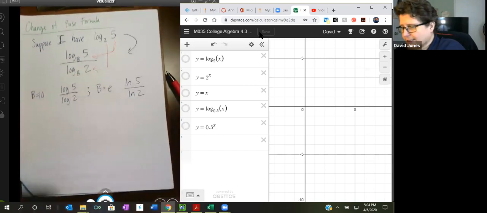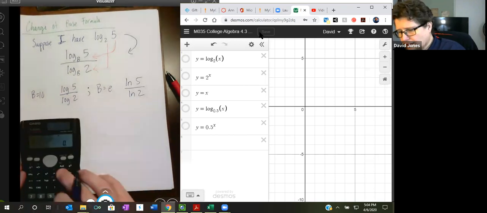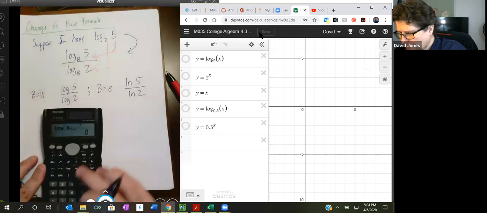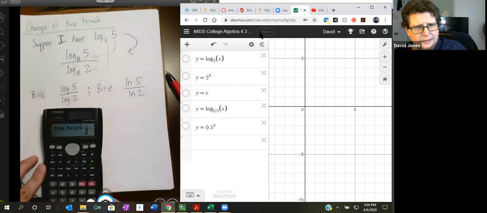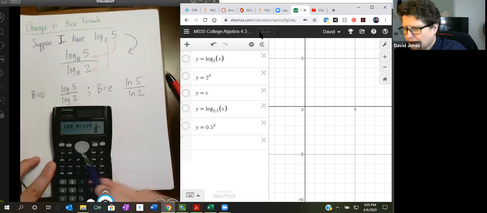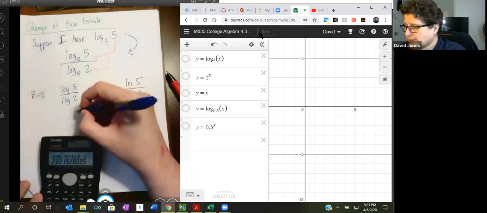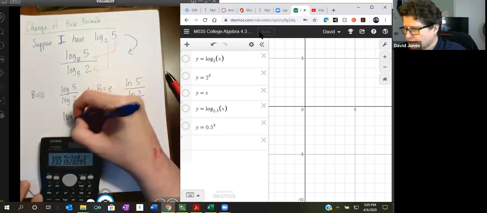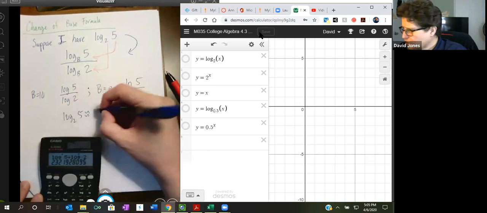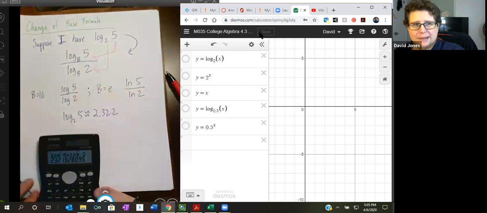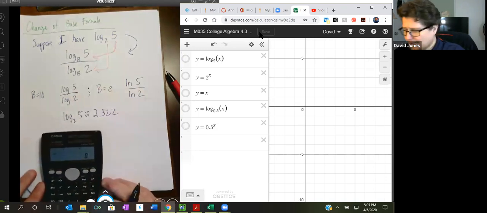Let's compute both of these. Log base 5 divided by log base 2 is approximately 2.322. It doesn't matter which base I turn it into. I can do this with the natural log key.